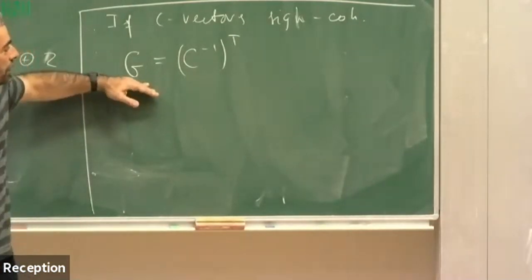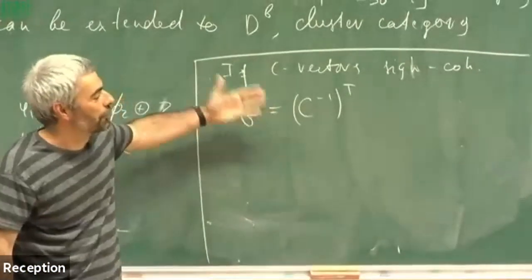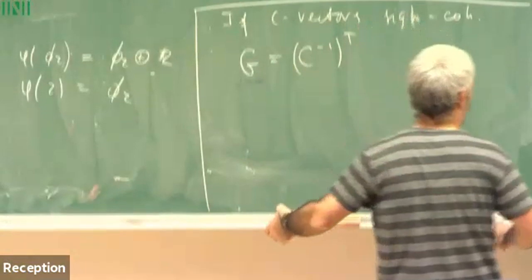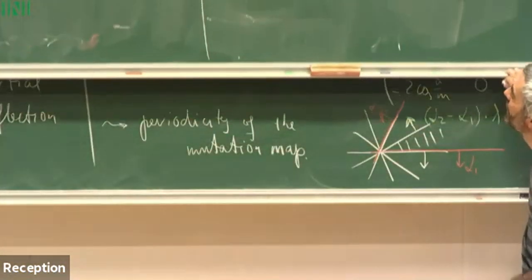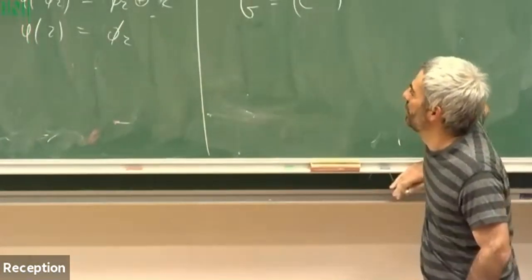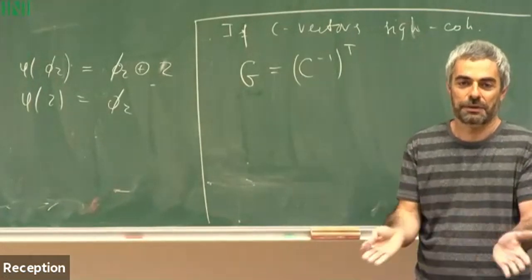We have these G vectors, and for example, when I mentioned this periodicity, this is the way to explain this periodicity.